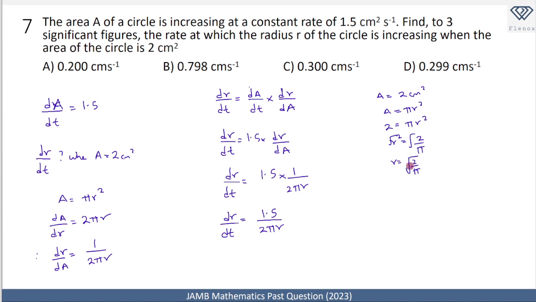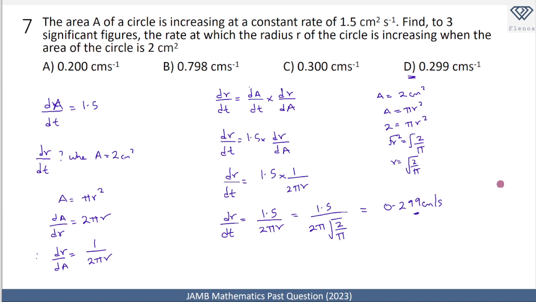So I can substitute that into the value of r here to find dr over dt. So this becomes 1.5 over 2 pi, and the radius is the square root of 2 over pi. Now when you punch all of this into your calculator, you're going to get 0.299 centimeters per second, and that makes option D the correct option.